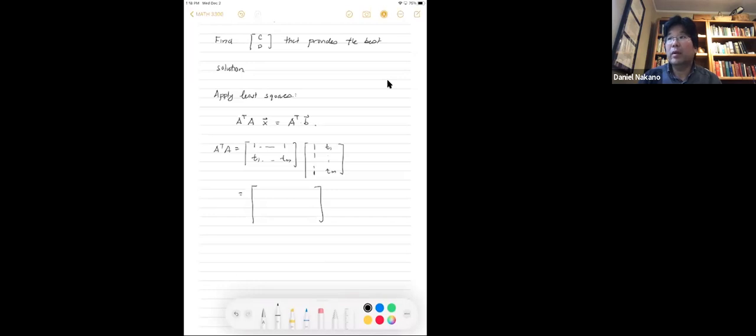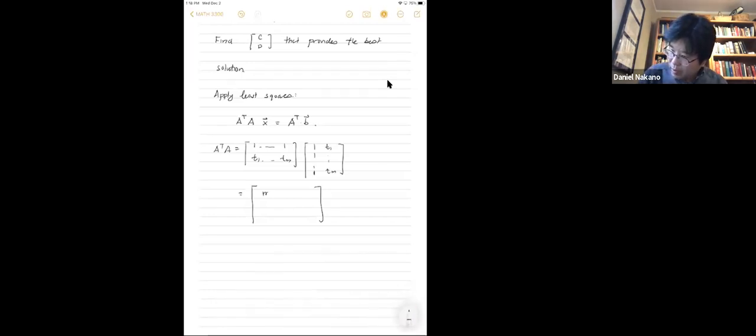There are m of them, so the first component is just m. The second one is the sum of the Ti's, where i ranges from 1 up to m.